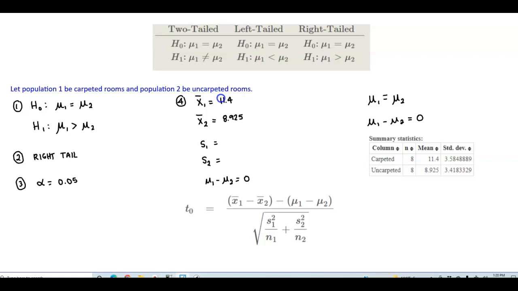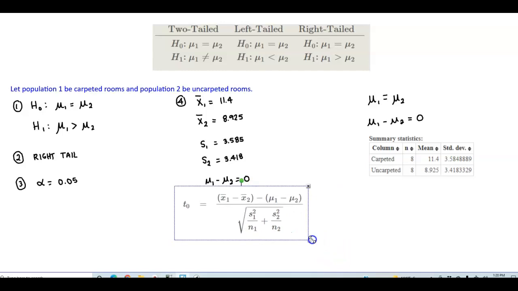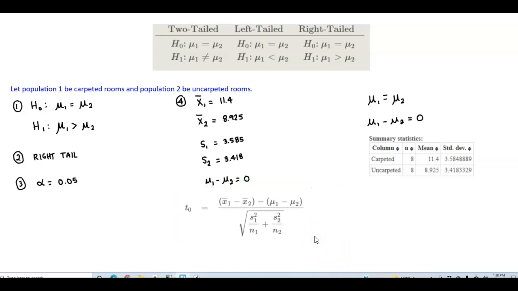So that's going to give us 3.585. And standard deviation for population 2, round it to 3 decimal places, is going to be 3.418. Okay, so now we have all our information, because we also know that sample size 1 is 8, and the sample size is 8 for the second one.